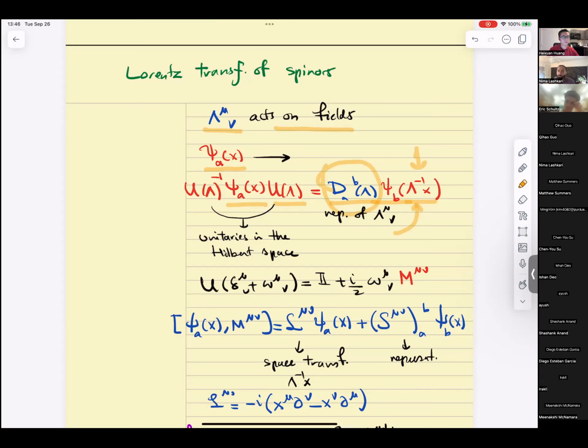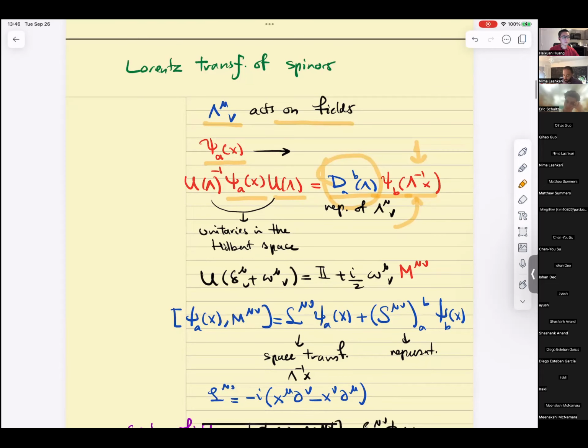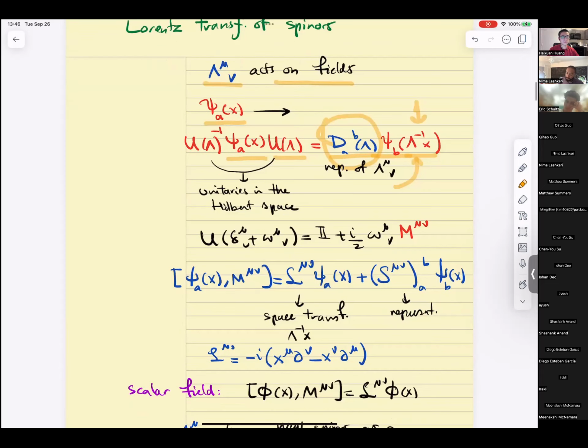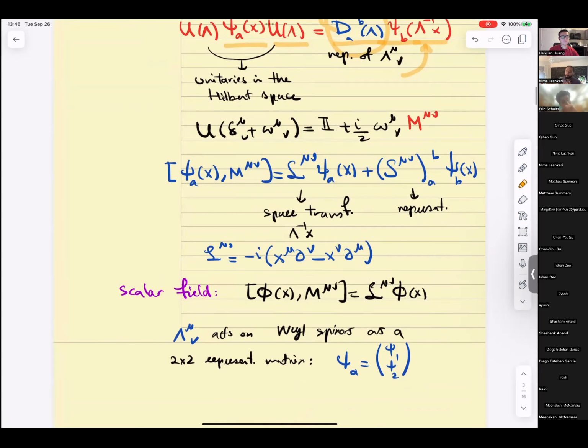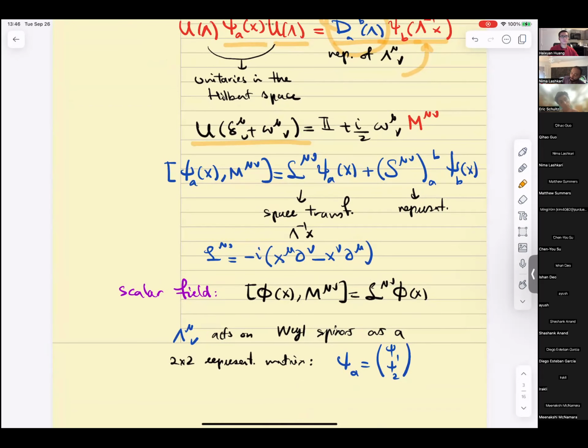The space part of it is pretty simple. You take this unitary, we did this before, you expand it around the identity, and you discover these self-adjoint operators. They're self-adjoint because this is a unitary in the Hilbert space. These are charges, the generators of the transformations. So if you take the commutator of one of these charges with your field, there will be two parts to it.